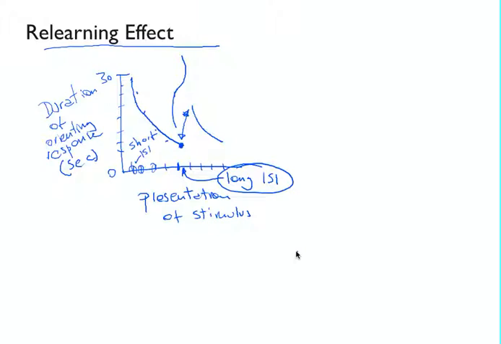The other effect is the relearning effect. It's not completely obvious here, so to illustrate this relearning effect, let me make this curve a little bit steeper. Let me try it again.